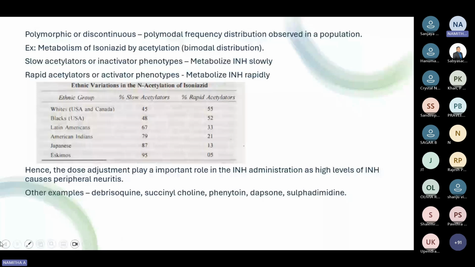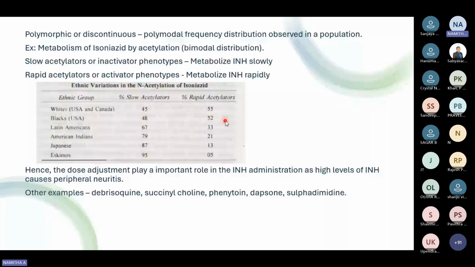So you can see here, among whites, the people of USA and Canada, there are about 45% slow acetylators and 55% rapid acetylators. The blacks of USA have 48% slow acetylators and 52% rapid acetylators.